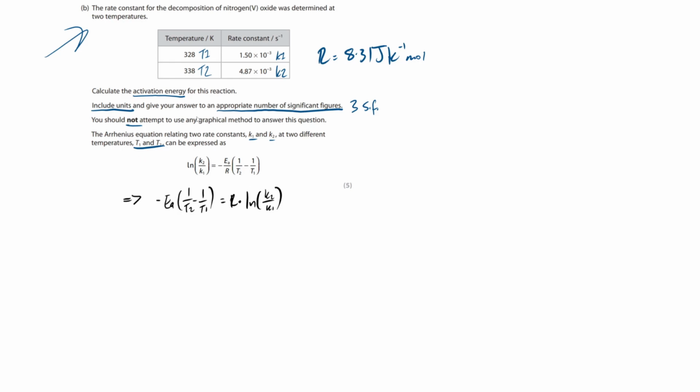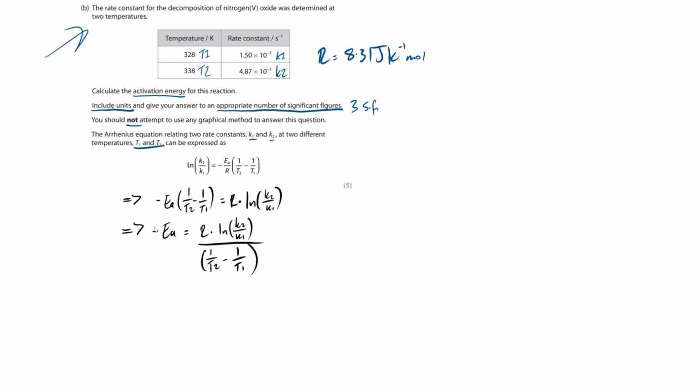Now I'm going to be showing all my working here. You may not have to show every single step that I demonstrate, but I want to be able to explain it to you. So next up then is I'm going to be taking this portion to the other side. So we're just going to be dividing everything by that. So then minus EA equals R dot ln K2 over K1, all over 1 over T2 minus 1 over T1.